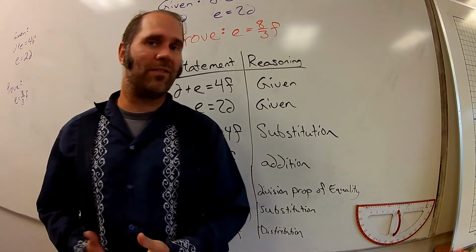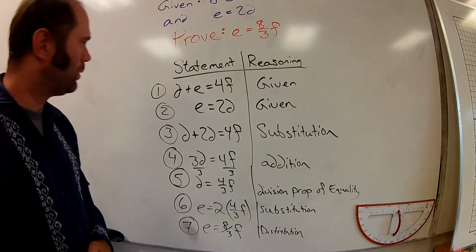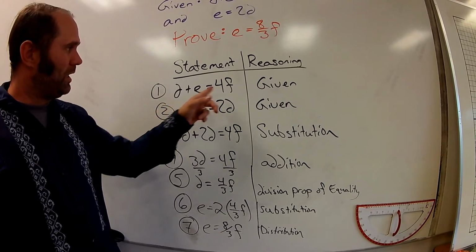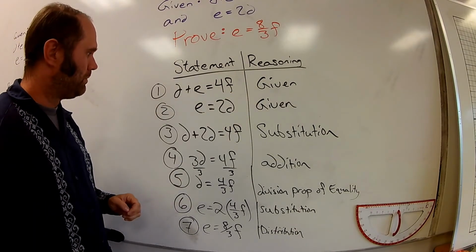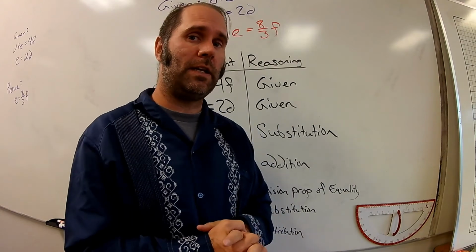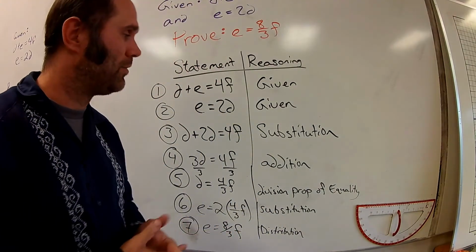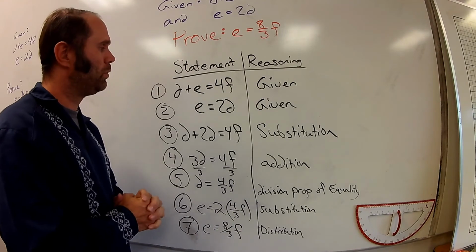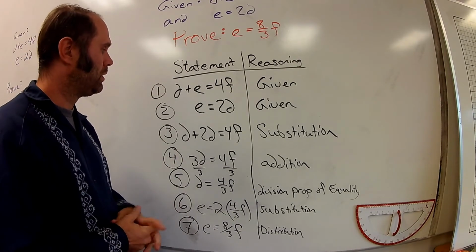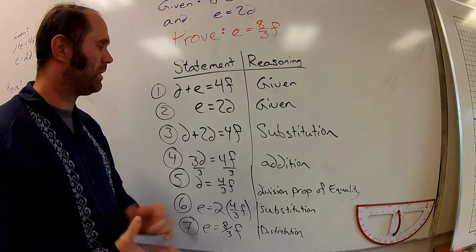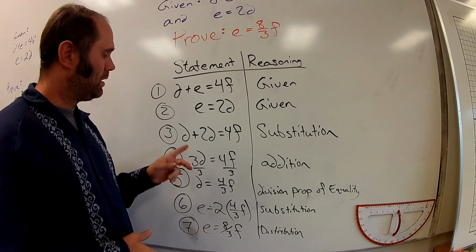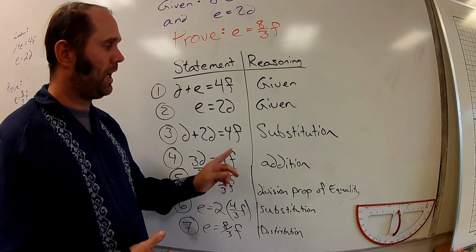If you were to write this as a paragraph proof, you would write, I know D plus E equals 4F because it was given to me. You would write all of this down in a neat paragraph with no misspellings, following all of the rules of English. The next sentence would be, I know that E equals 2D because that was given to me. Therefore, I know I could say D plus 2D equals 4F.